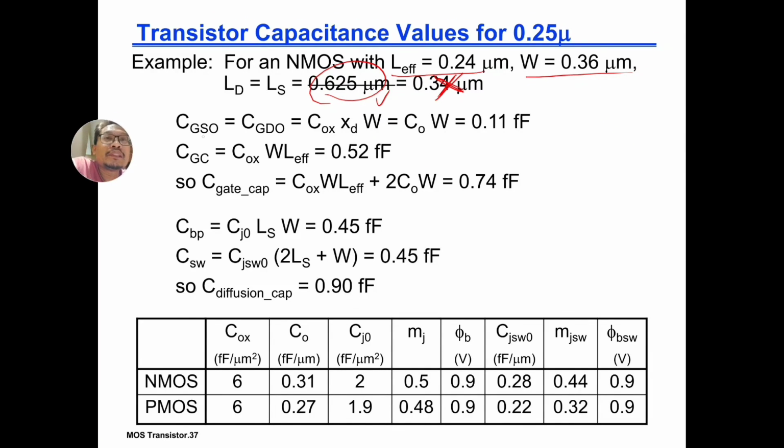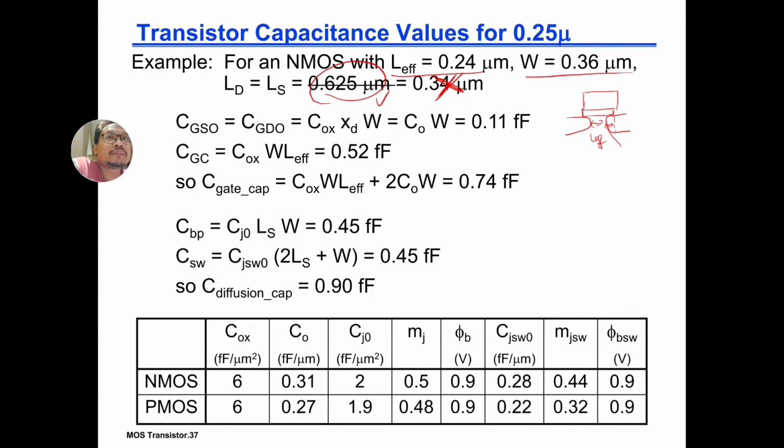If you can imagine, basically you have the gate, and then you have the diffusion area, and here is your L effective. Then you have the overlap region, so here is your overlap.